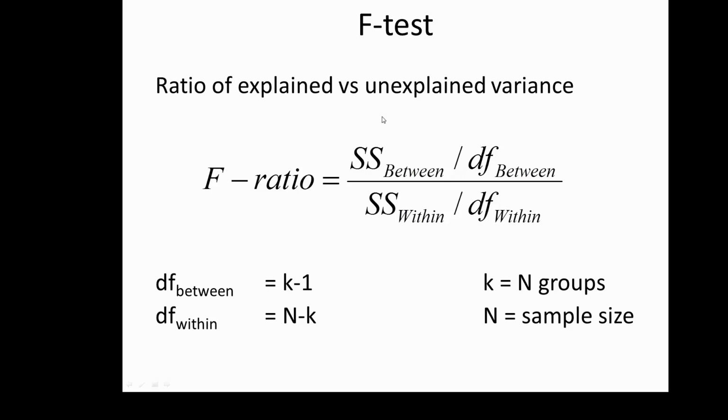You compare the differences between groups, the sum of squared errors, with the sum of squared errors within groups. Now, the degrees of freedom are different for between groups and within groups; they depend on the number of groups, or the sample size versus the number of groups.